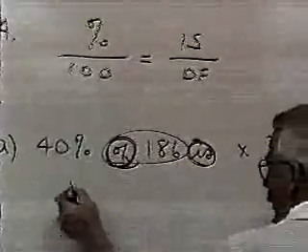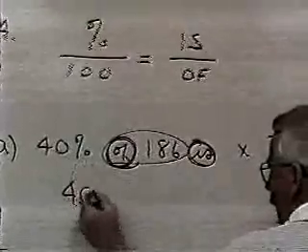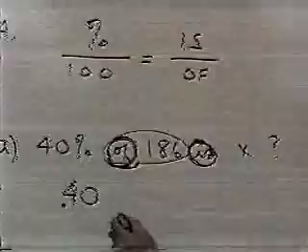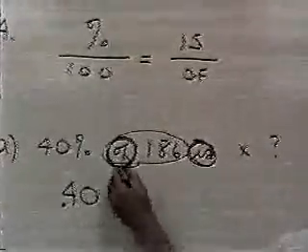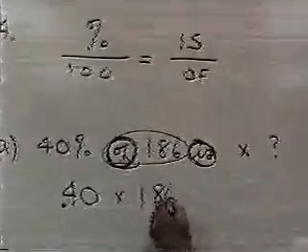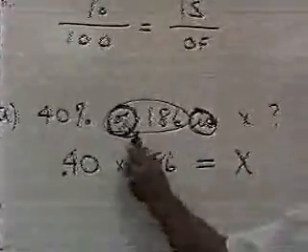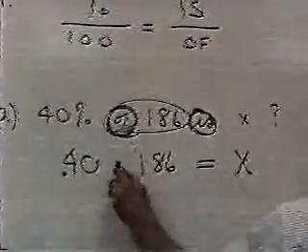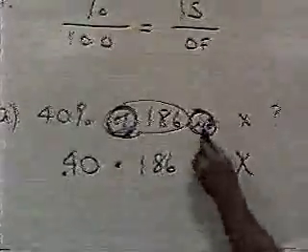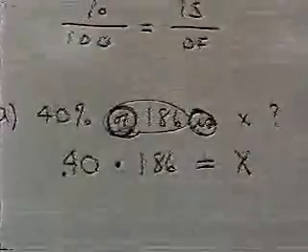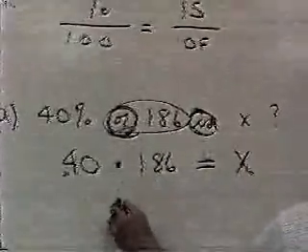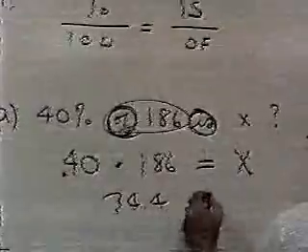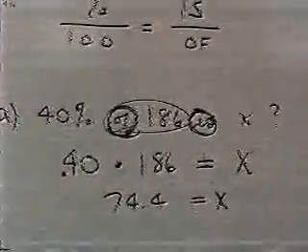So you can say 40%, now I've got to change it to decimals, times, the word of is times, 186 is what number? So wherever the word of is, you put a multiplication sign, and I'm going to put this as a multiplication sign since I have an x over here. And then where the word is, an equal sign. And so what this says, just go multiply that together, and you get 74.4, and you get the answer.